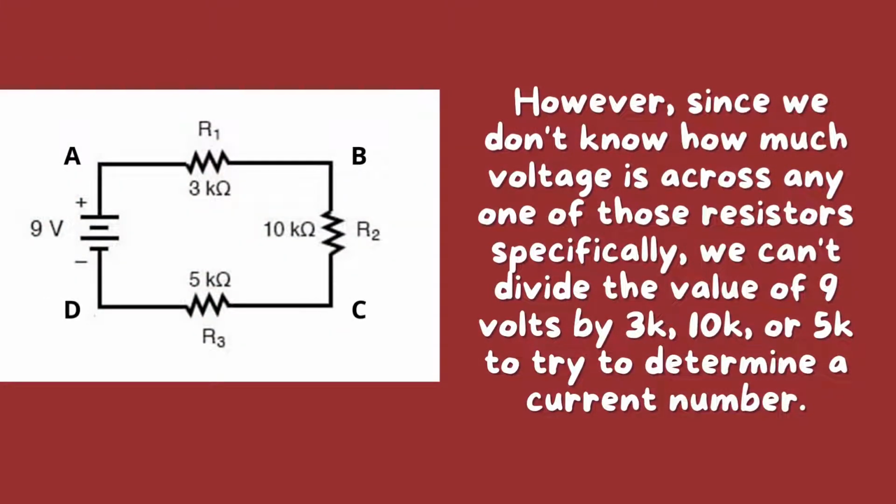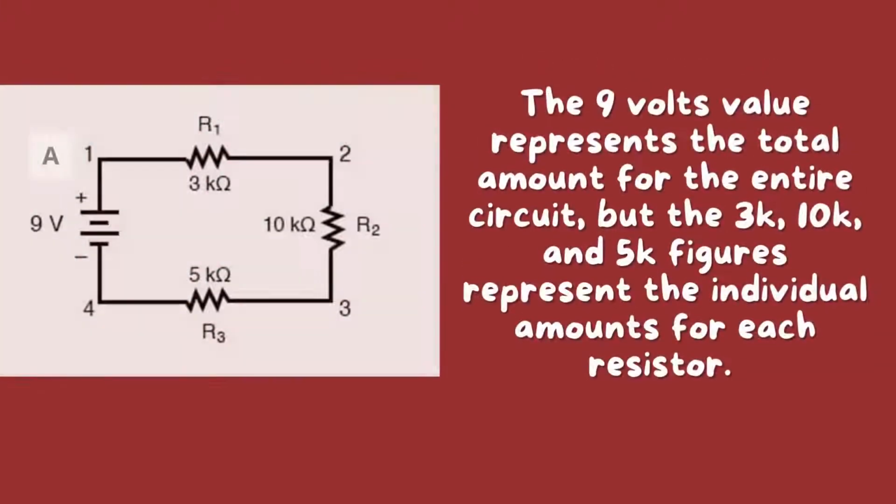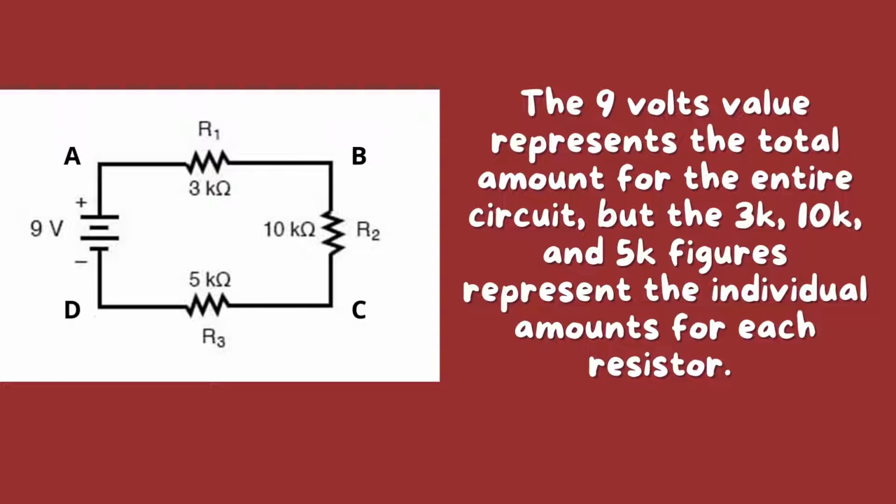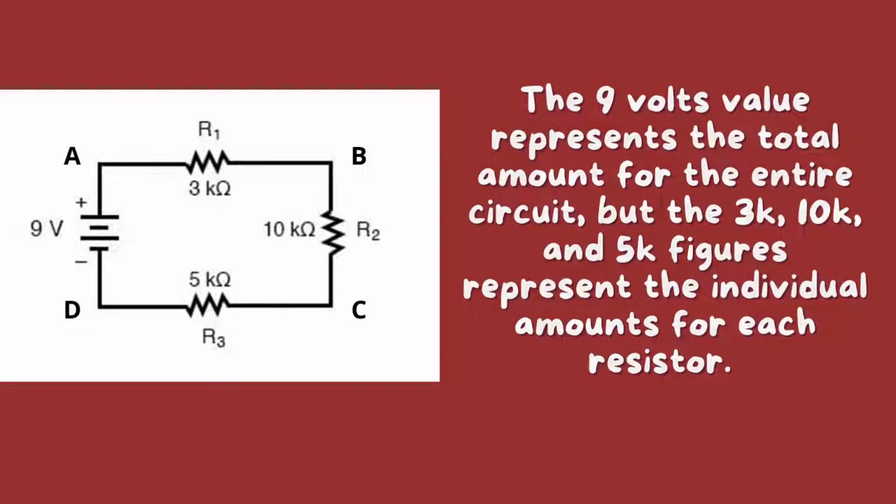However, since we don't know how much voltage is across any one of those resistors specifically, we can't divide the value of 9 volts by 3K, 10K, or 5K to try to determine a current number. The 9 volts value represents the total amount for the entire circuit, but the 3K, 10K, and 5K figures represent the individual amounts for each resistor.